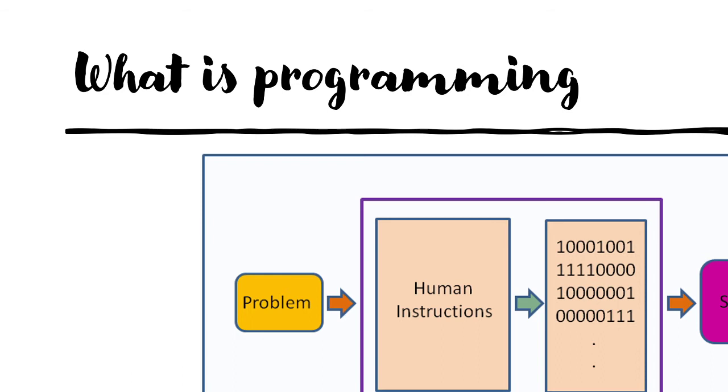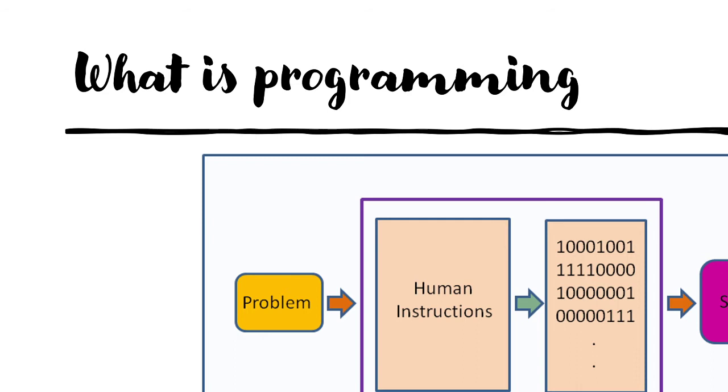So it understands there is a current or there is no current. If there is a current, it would be a 1, and if there is no current, then it would be 0. So the computer actually understands this language of 1s and 0s.